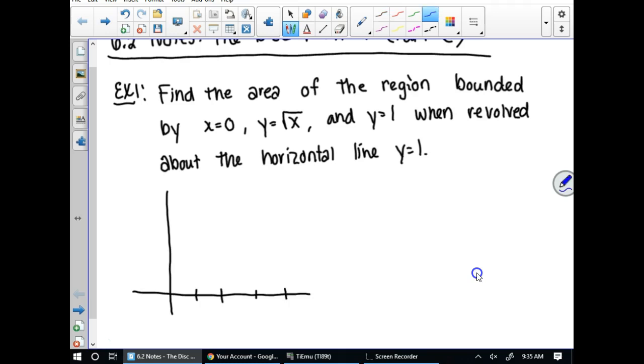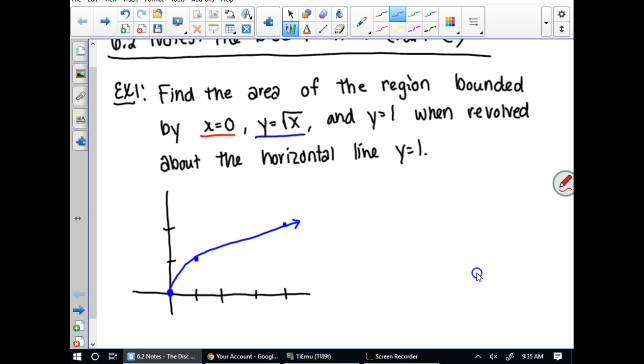I'm going to do that in blue. 0, 0, 1, 1. We've got y equals 1. Okay. So we would have this graph for the square root of x.